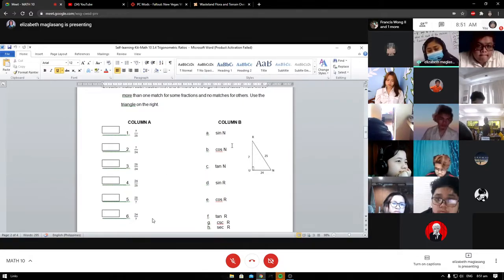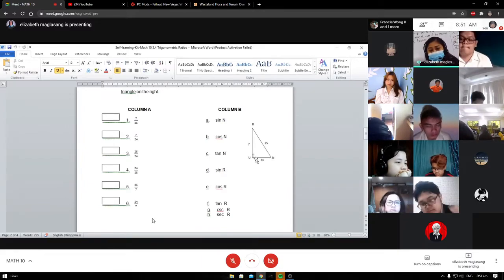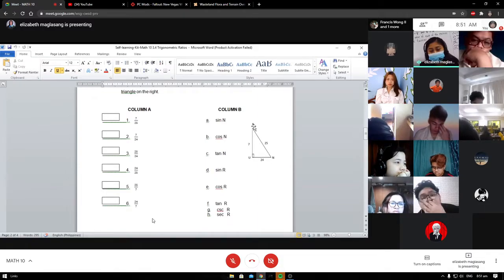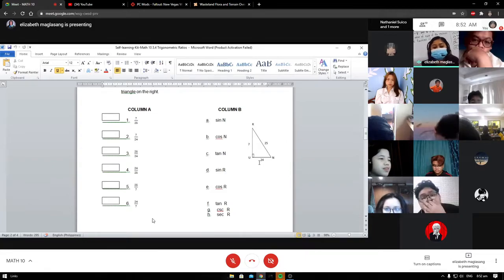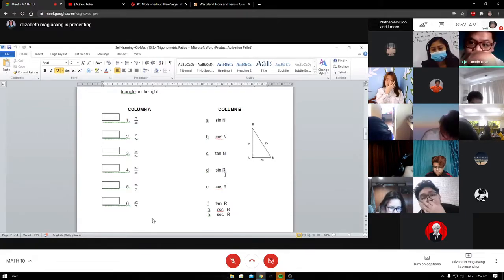It depends on the given angle, or on the theta. You also have sine R there, meaning your theta is on angle R. If that is the theta, what will be the opposite? In letter D, can you give me the answer for sine R? 24 over 25.